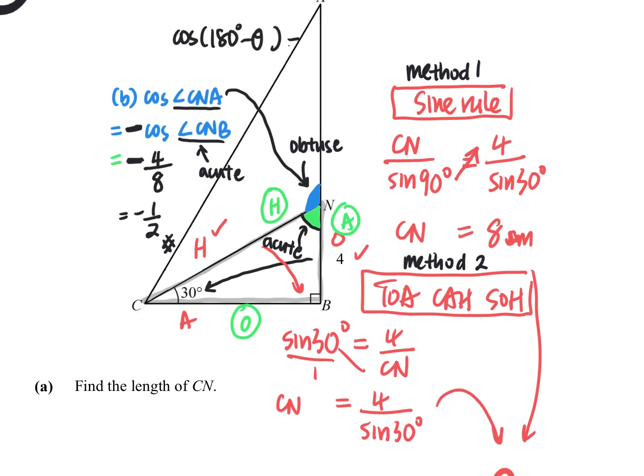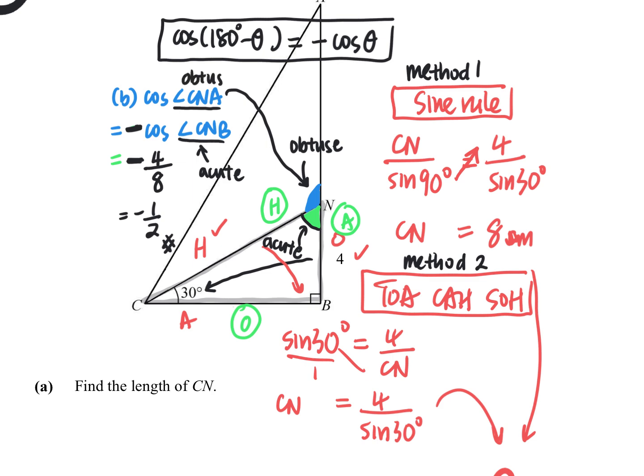This is negative cosine theta, the one that I asked you all to memorize. So the proof is quite complicated, but this is the relationship. So when they give you the obtuse one, you just link it to the acute next door. So if this is 180 minus theta, then this is theta.